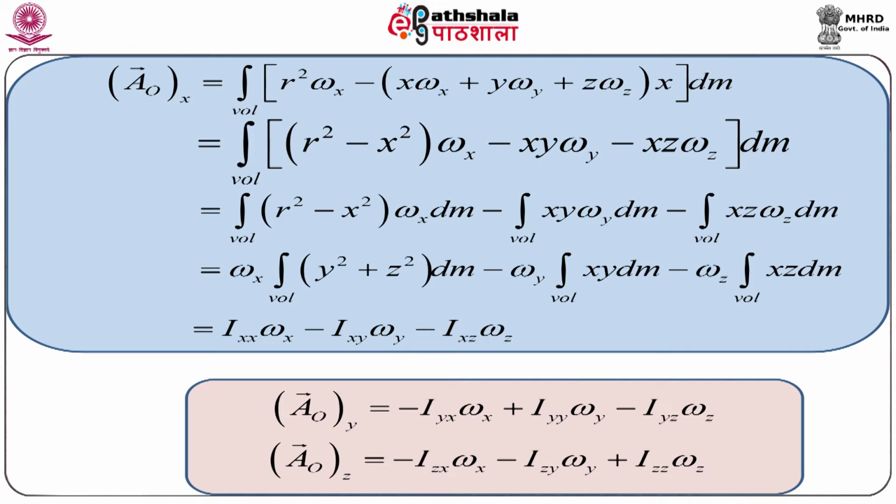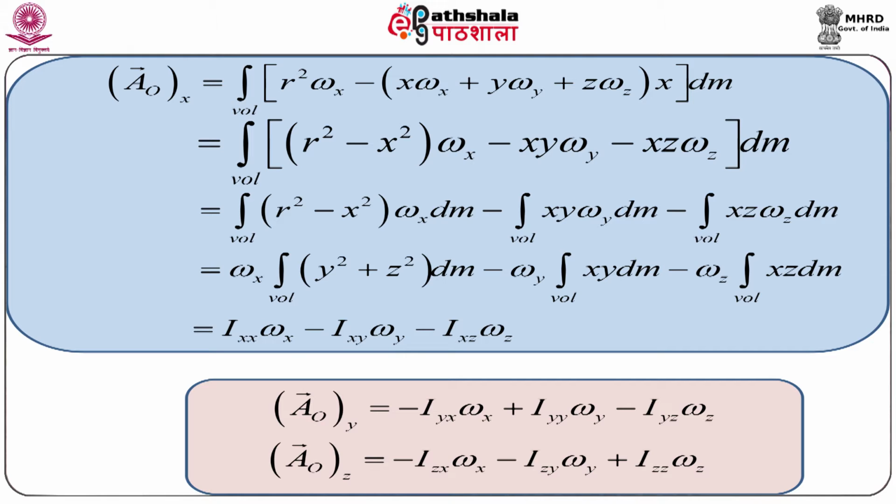If the point O is fixed, then obviously its velocity vanishes. This gives capital V_O vector equal to 0. Again, if O coincides with the center of mass C, then from the definition we get this one. As r vanishes, this integral becomes 0.